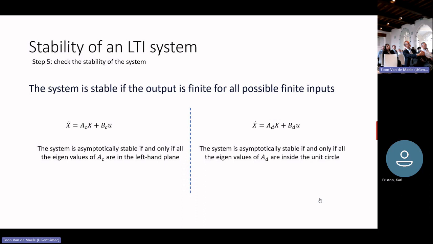And remember that in the discrete space, the laws relating to control system design are different. In this case, if you have a discrete time system, then the stability condition is that all the eigenvalues of A_D should be inside the unit circle, which means the magnitude of the eigenvalues should be less than one. So just do this check before applying a controller to see if it's going to be a good day for you or not.